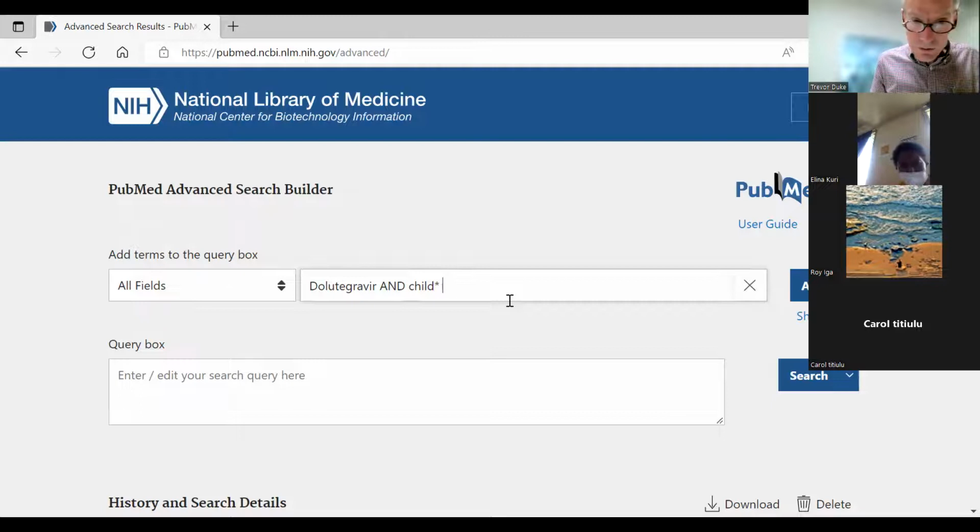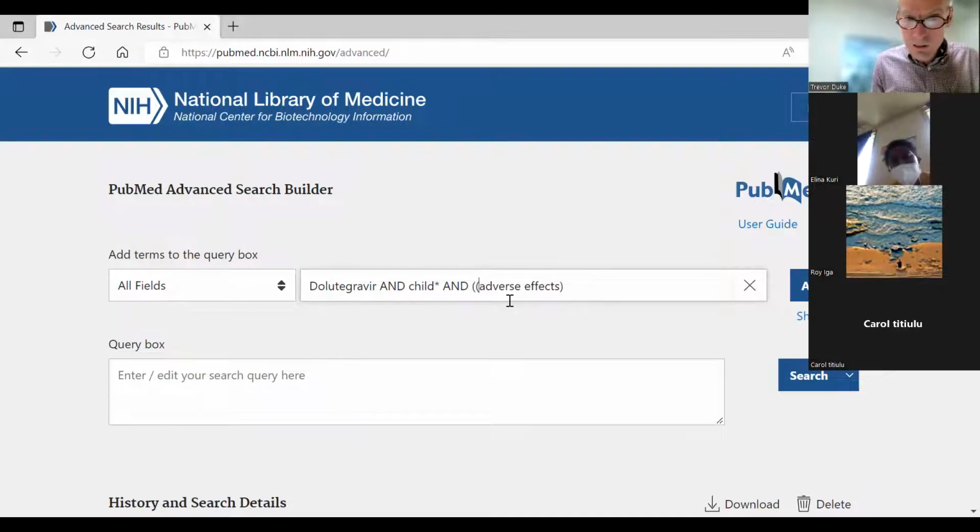Then I'm going to go and adverse effects. And you'll notice I put adverse effects in capital letters because if I just put adverse and effect, then it would search on adverse and effects, but not on that combination of words, right?